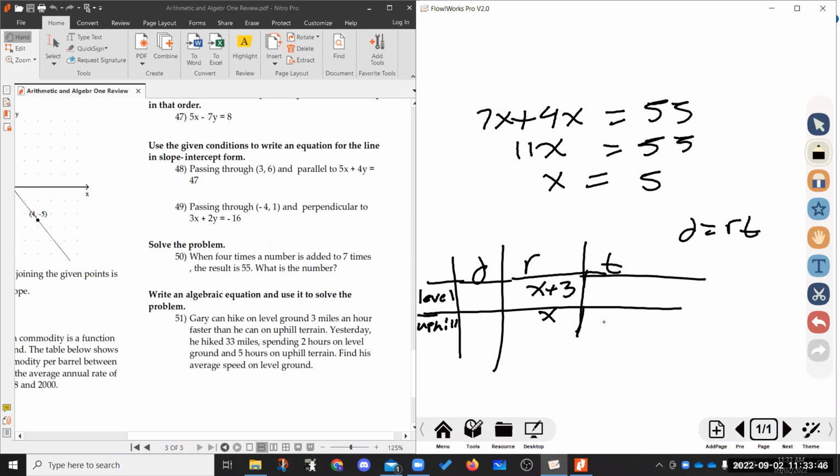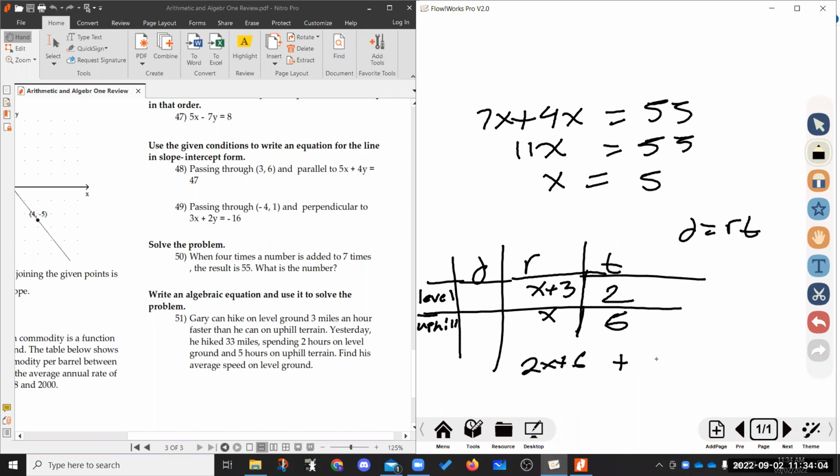So 2 hours on level ground, 5 hours on uphill terrain. So my distance that was level ground is going to be 2 times x plus 3, which is 2x plus 6.